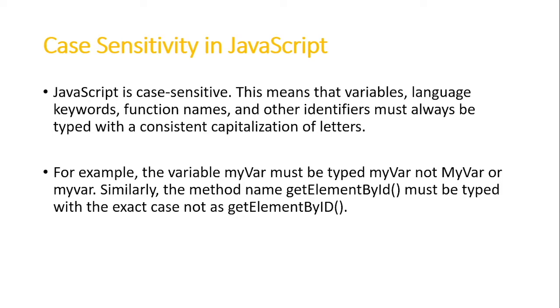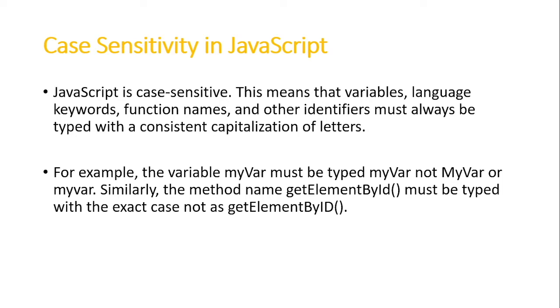JavaScript is case sensitive. This means that variables, keywords like var, function names, and other identifiers must always be typed with a consistent capitalization of letters. So that is one important point, that all the keywords in JavaScript, function names, and other variable names are case sensitive.